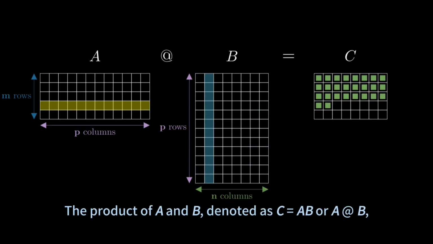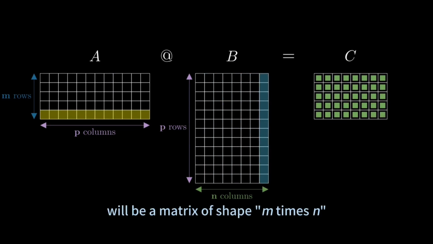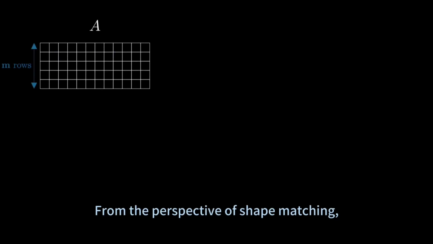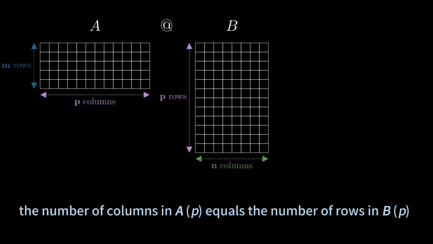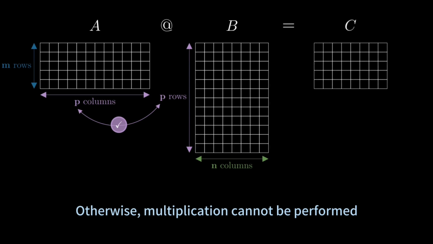The product of A and B, denoted as AB or A at B, will be a matrix of shape M times N. From the perspective of shape matching, matrix multiplication AB requires that the number of columns in A equals the number of rows in B. Otherwise, multiplication cannot be performed.